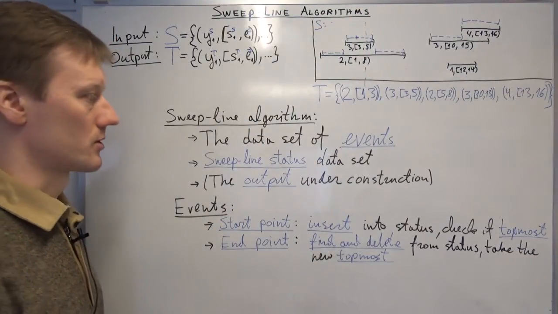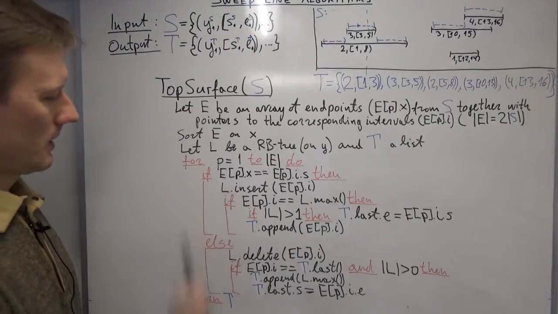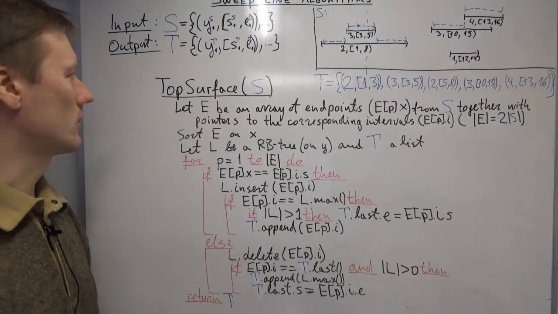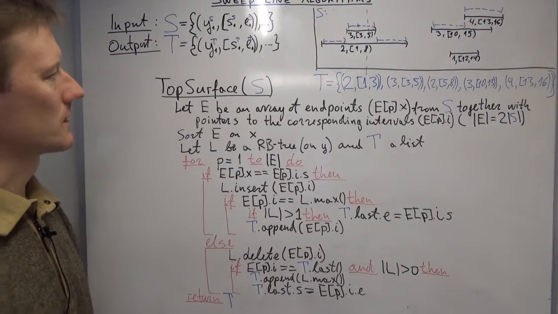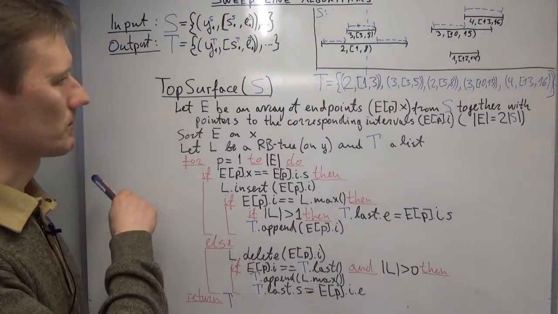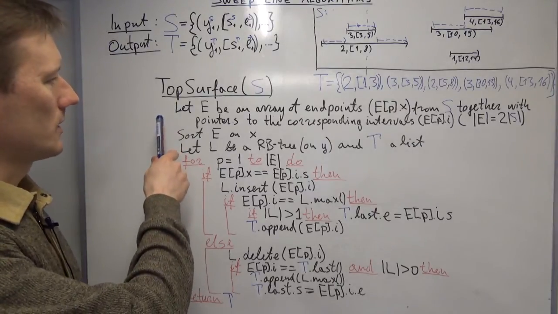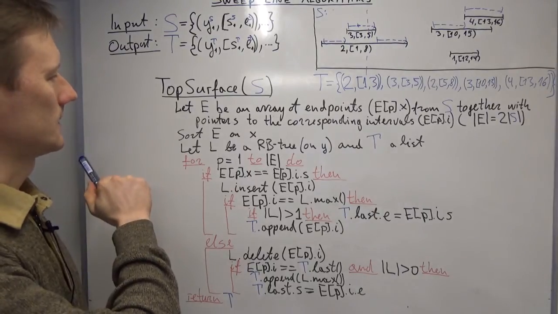So now let's put this all together into a sweep line algorithm. Here is the pseudocode of the algorithm for computing the top surface of a set of intervals S. As we sketched out on the previous whiteboard, we first define what are the events.